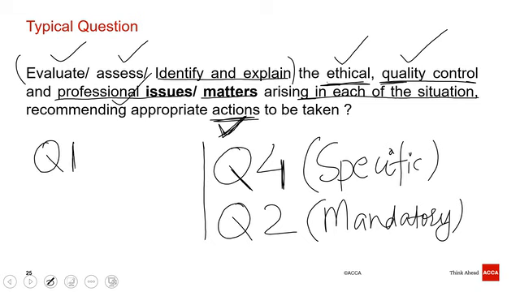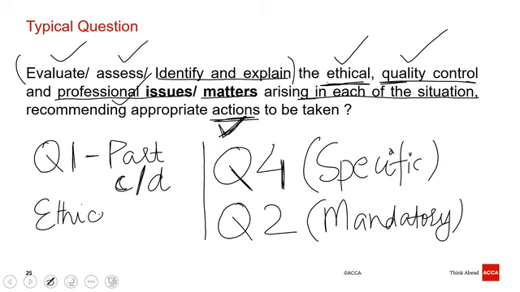All of you know question 1 is a mandatory question. Yesterday in day 1, we were discussing question 1 in the context of risk. But you need to ensure that in question 1, either in part C or part D, the examiner can ask you to identify and explain the ethical issues and the actions.